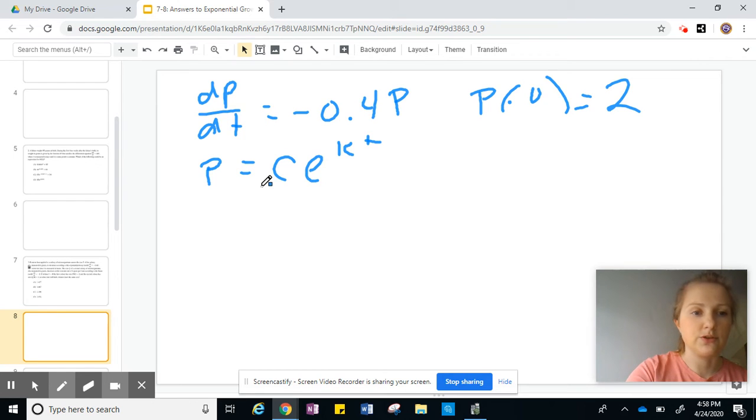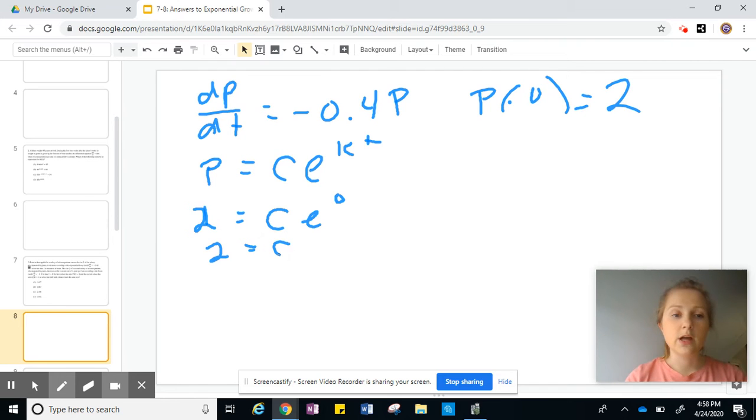So if p equals 2, we have c e to the k times 0, which is 0. Anything to the 0th power is 1. So we're just left with 2 equals c. That's why whenever we're dealing with this formula, at t equals 0, the function value is c.